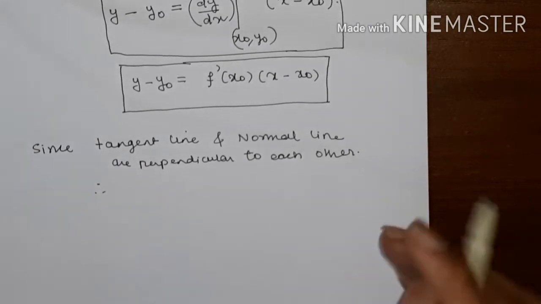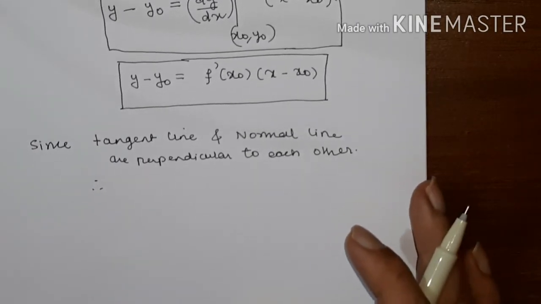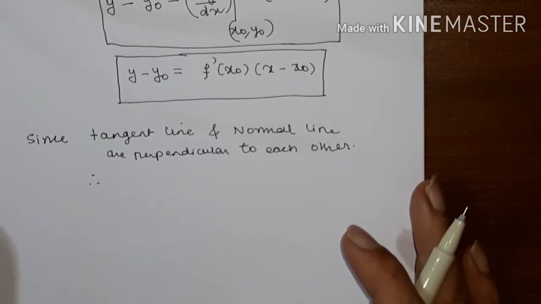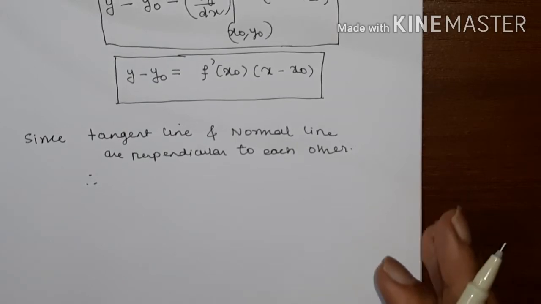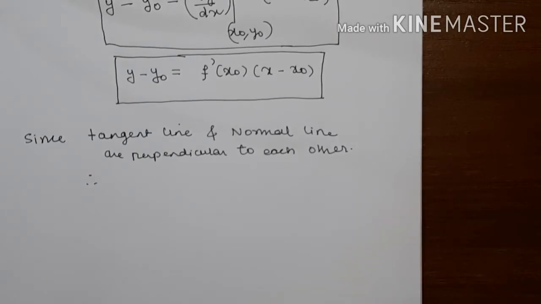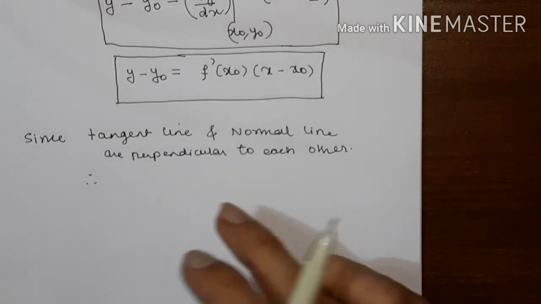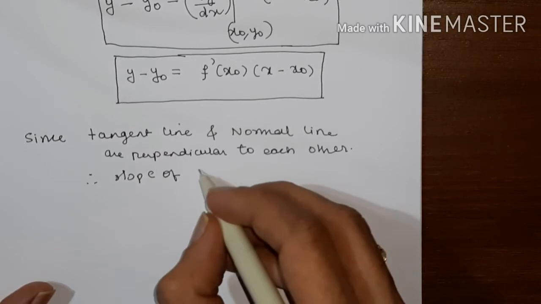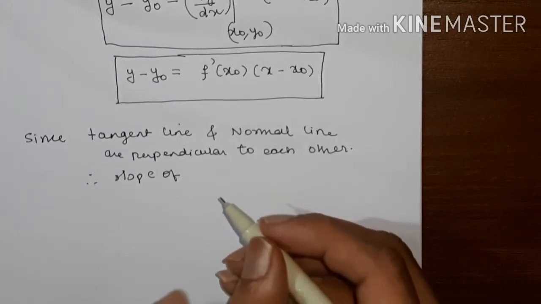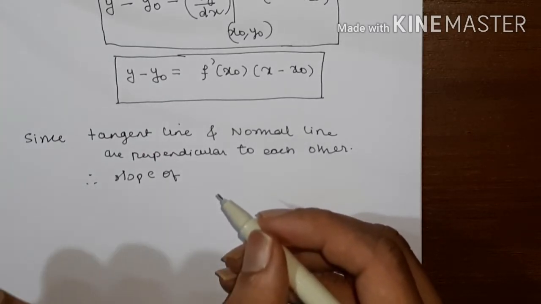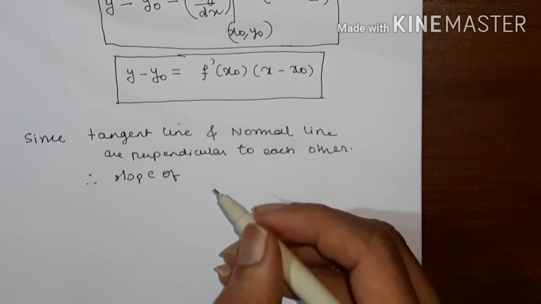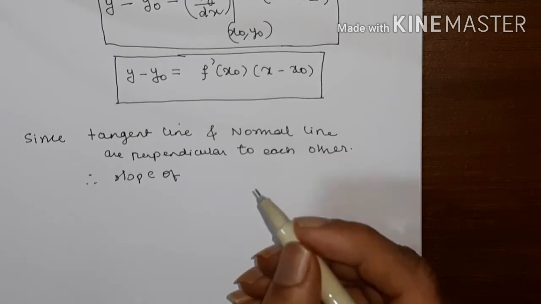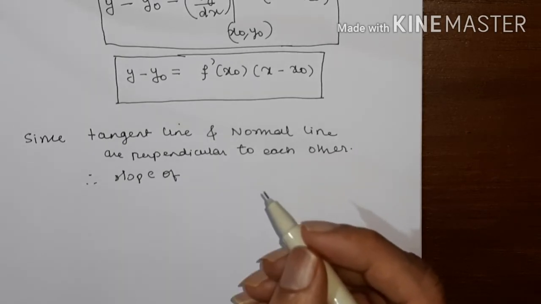Therefore you know a result that you have studied in the 11th standard, in coordinate geometry, in straight lines: the slope of a line L1 which is perpendicular to a line L2, the slope of L1 multiplied by the slope of L2 is equal to -1.